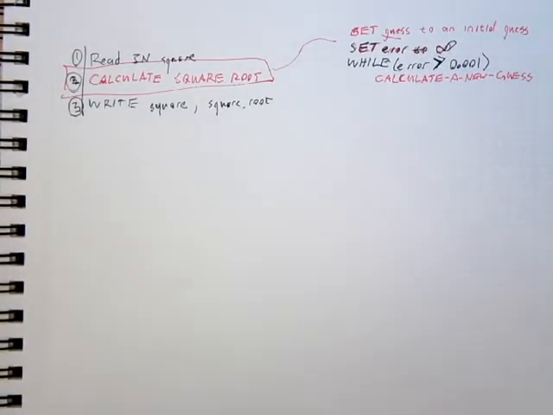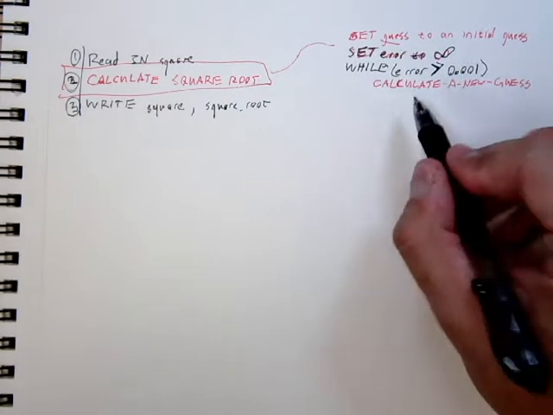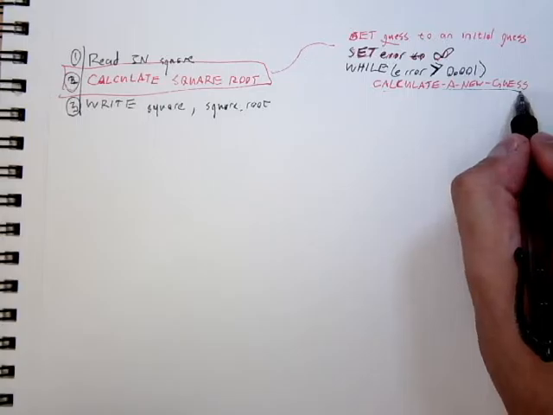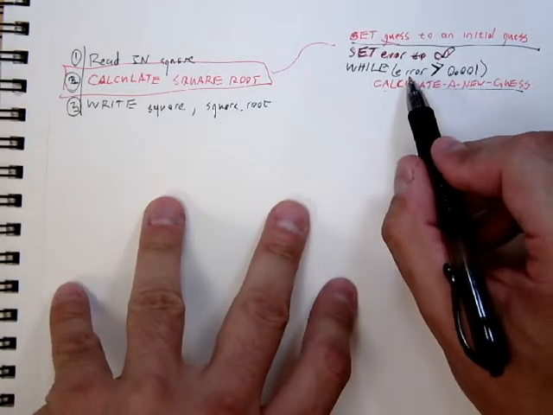And once we calculate the new guess, we update our error. We don't know how to do this yet, so I put it in red. And we don't know how to come up with an initial guess, so I put it in red. But we do know how to determine the error.